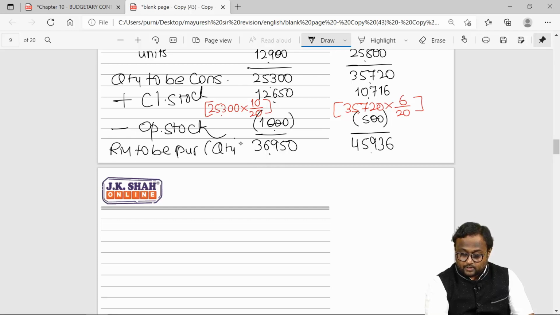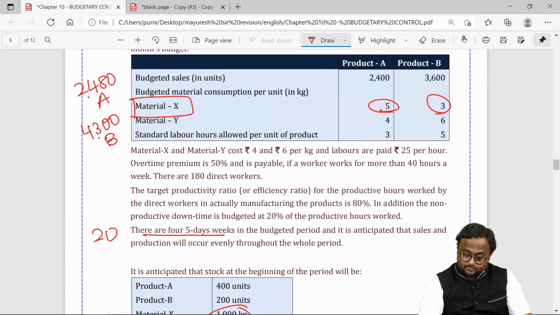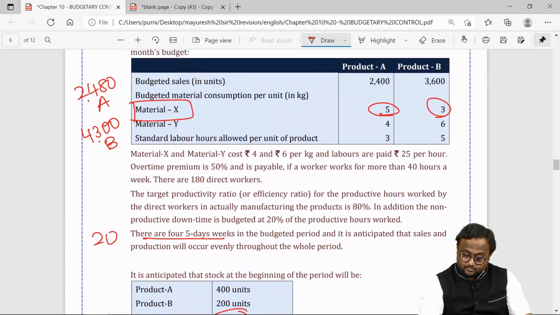Raw material to be purchased, quantity. How much is the price given?